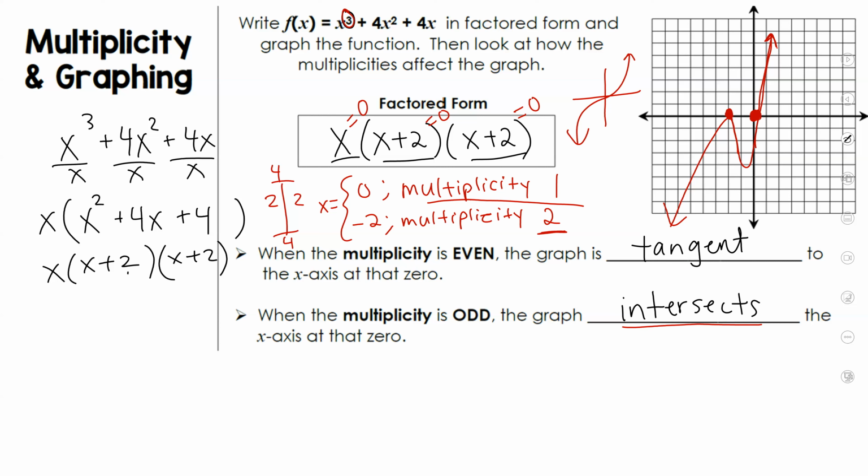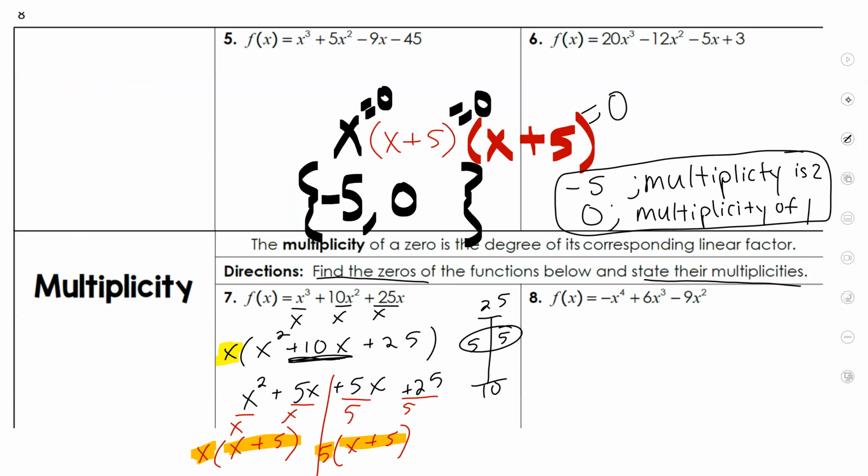Does that make sense? Okay, let me go back to that previous example with the same concept. This was our multiplicity, and it was a third degree. So remember, third degree polynomials look like this. Our zeros were -5 and 0. So if I were to graph this, -5 is right there, and 0 is right here.